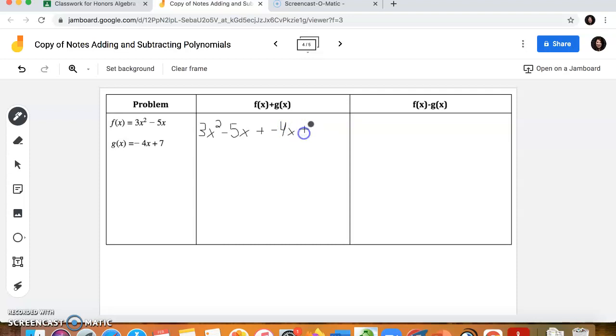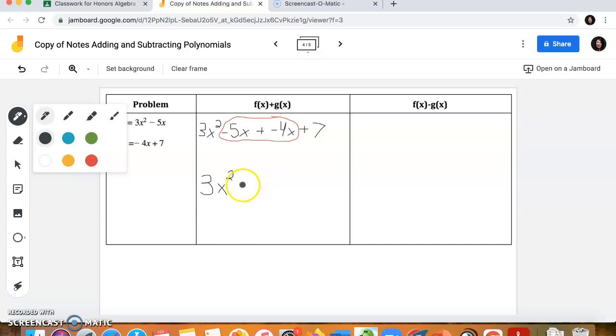So when you're adding, you can just write it out and then immediately start combining like terms. The 3x squared, there's no terms that the 3x squared can be combined with because there's no other term that has a variable of x and an exponent of 2. So 3x squared is by itself. It can't be combined with anything, but we can combine the negative 5x and the negative 4x because they both have the variable of x and an invisible exponent of 1.